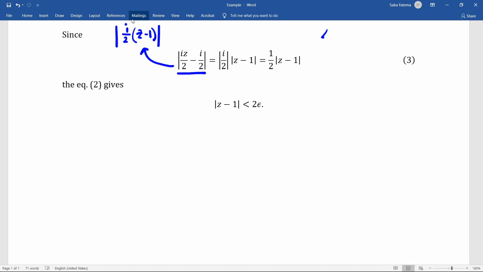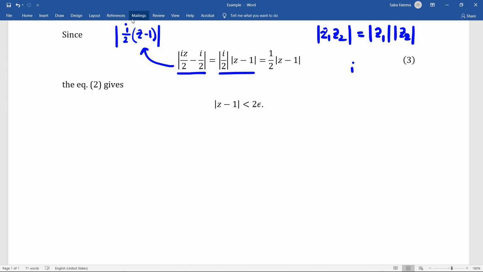We know that the absolute value of z1 z2 is equal to this. So we apply this formula here and get this one.